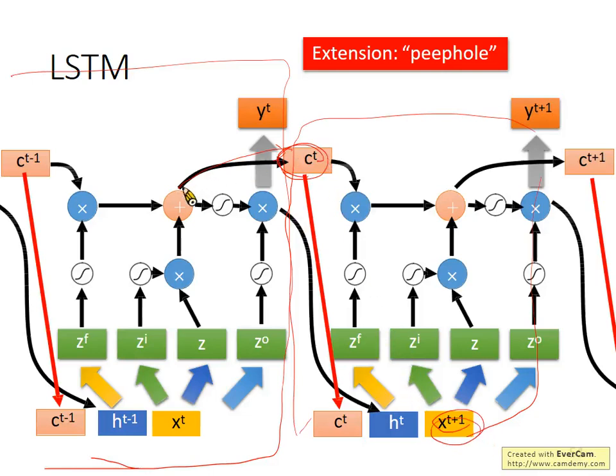This memory information is used as the memory for the next step. The memory information can also be used to influence the matrix by which x_{t+1} will be multiplied. So we can consider the information from c_t to modify the matrix where x_{t+1} should be multiplied.